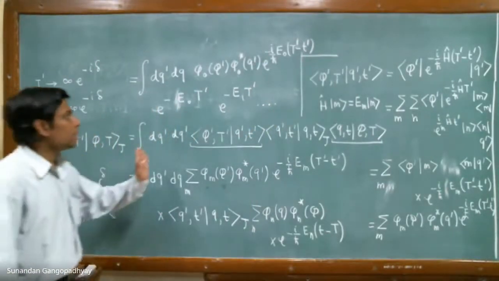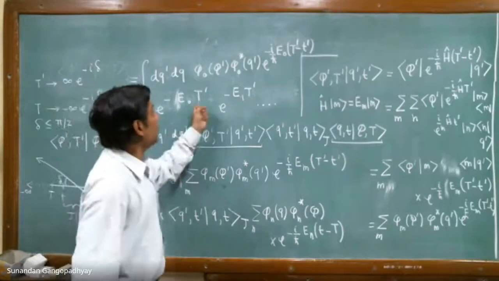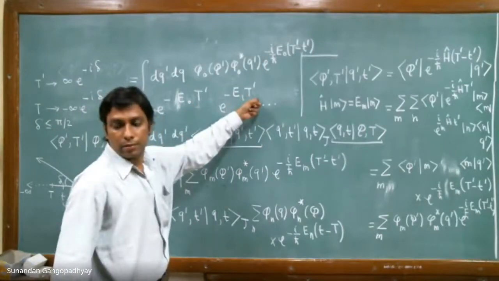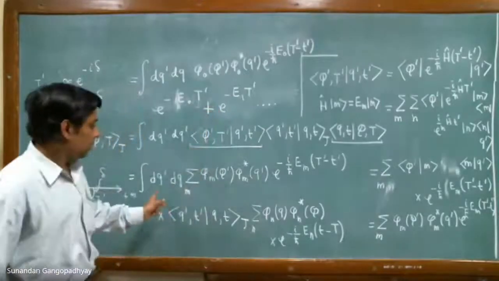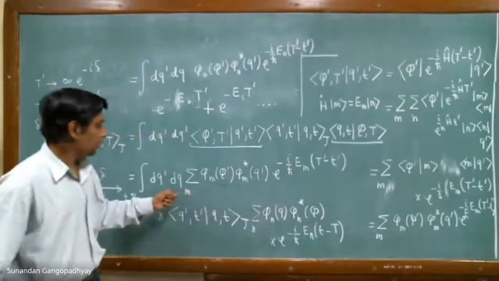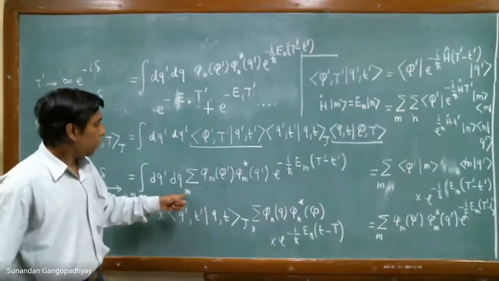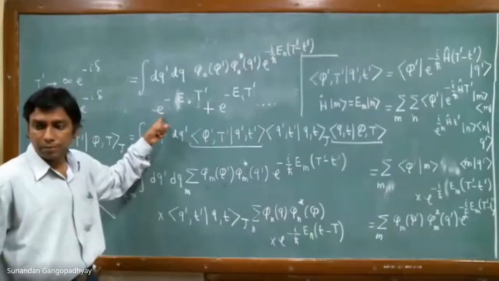And what I'm only saying is that this is the same T prime that appears here. So we have a summation over m over here. For m equal to 0, this will be the term. For m equal to 1, this is the term.